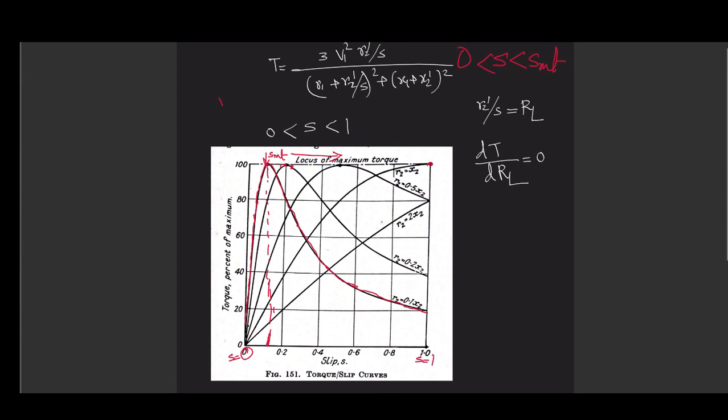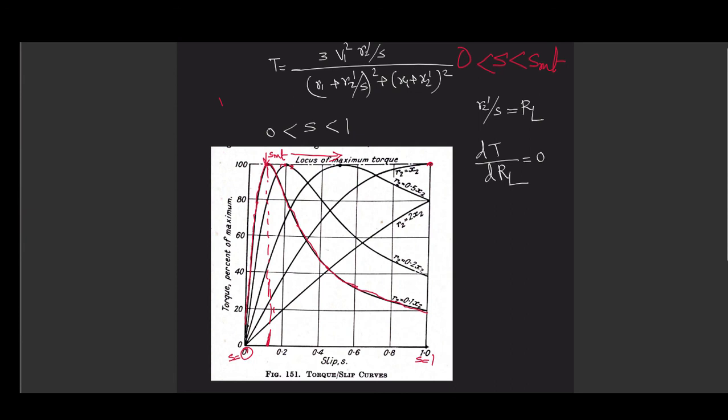But in another way, the air gap power is just the difference between the stator input minus core losses minus stator copper losses.